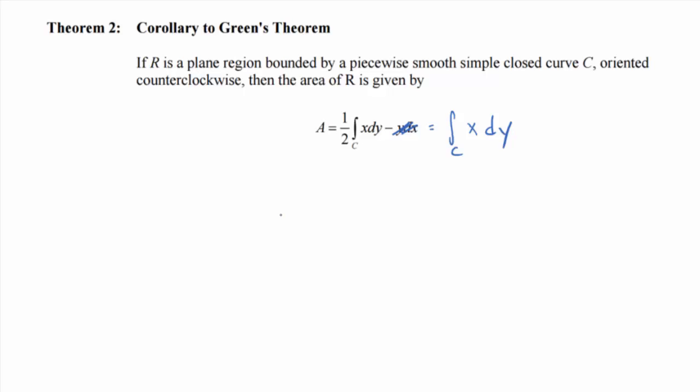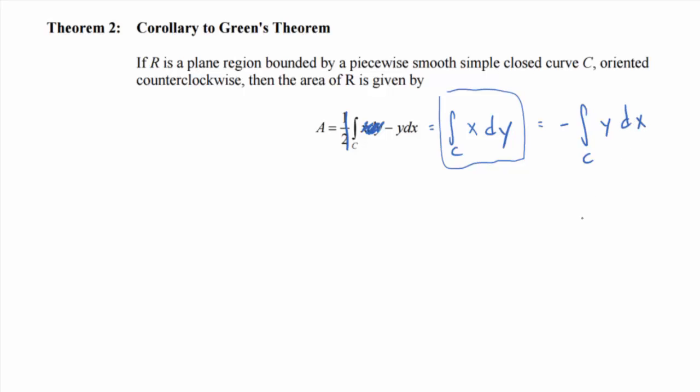So you'd still have an integrand of 1. So this would be yet another formula for a line integral that represents the area of the related region R. Alternatively, another one you could come up with is delete the 1/2 and delete this part. And you could say, how about negative integral over C of y dx?